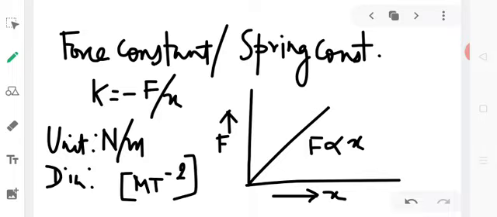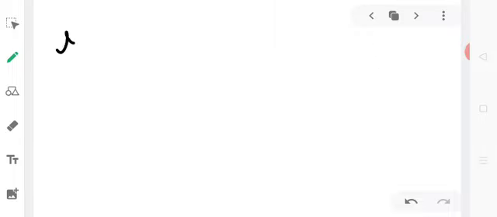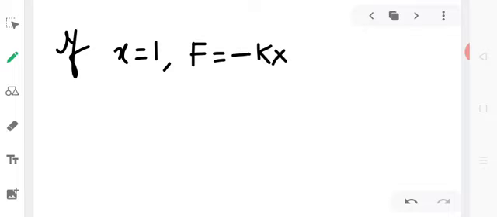Now, if x is equal to 1, F will be equal to minus k into 1, which implies that k is equal to minus of F. Therefore, force constant of a spring is numerically equal to the force required to produce unit displacement, which could be either compression or stretch in the spring.